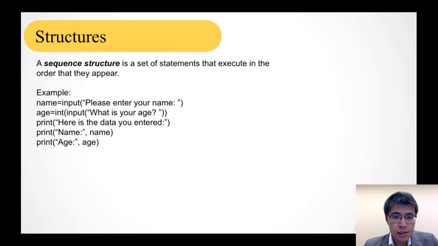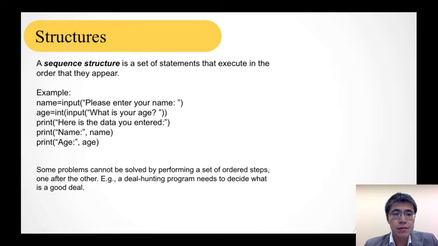It's direct. The lines are executed one by one from top to bottom. So some problems can be solved by performing a set of ordered steps one after the other. For example, a deal hunting program needs to decide what is a good deal.